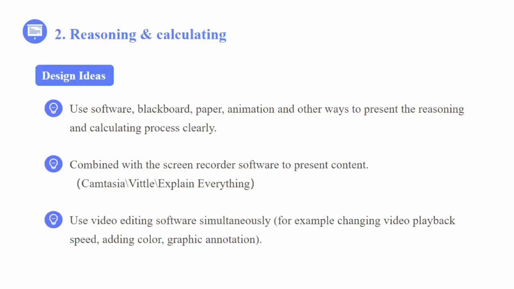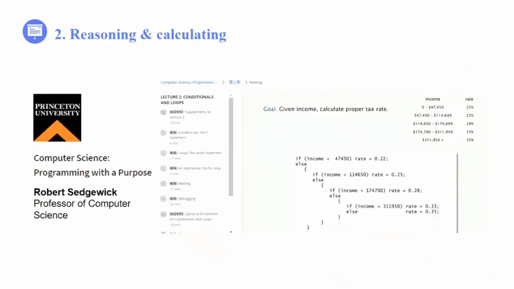Finally, we also have to use video editing software to make the procedures very clear. For example, changing video playback speed, adding color, or graphical annotation. We use these ways to help make it clear. Here is an example. This is a computer science class about programming with a purpose.